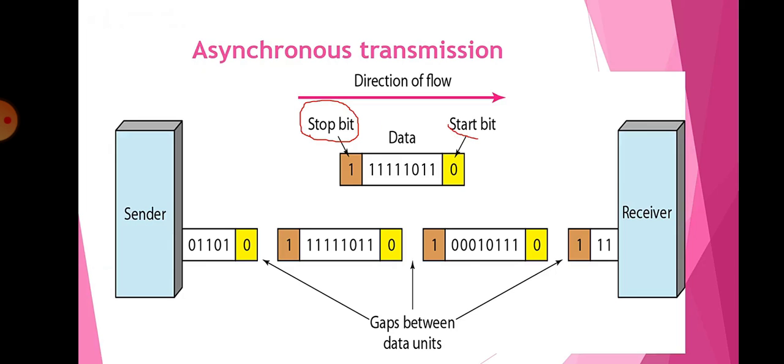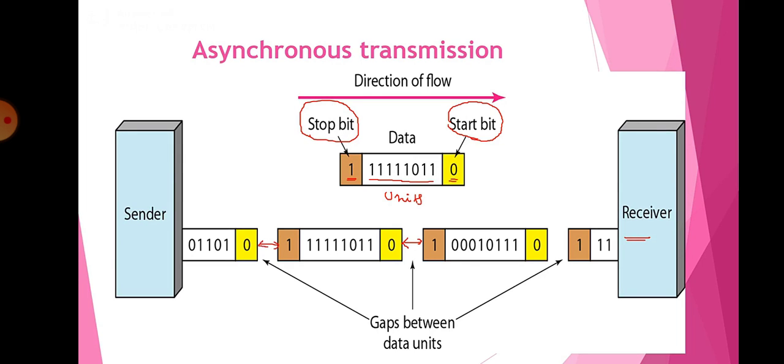We group the information into units and add start bit and stop bit so that the receiver can identify the actual data, and we need to maintain the gap between the data units.